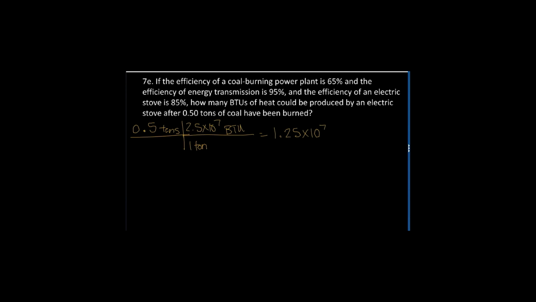So if it was 100% efficient, this is how many BTUs you'd have. Okay, but it's not. The first thing is the power plant is going to take some of that efficiency, and it's only 65% efficient. So we have to multiply this by 0.65.